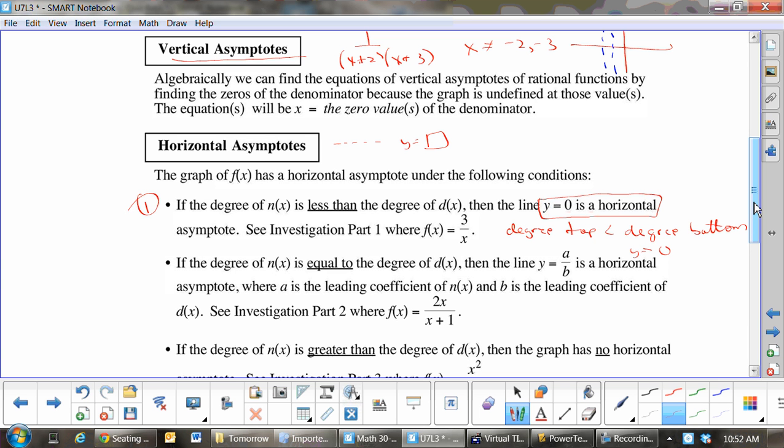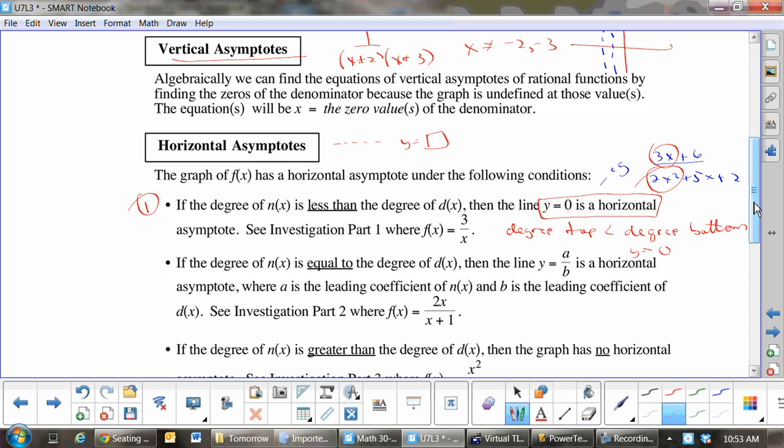And the way that I do it, if I just can give you an example of this one, if say you had 3x plus 6 over 2x squared plus 5x plus 2, all you do is you pick the number with the biggest degree on the top, and the biggest degree in the bottom would be these two.